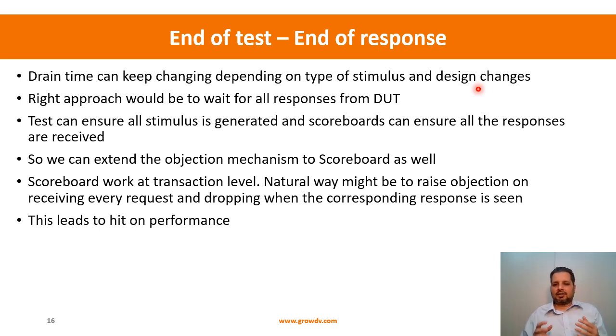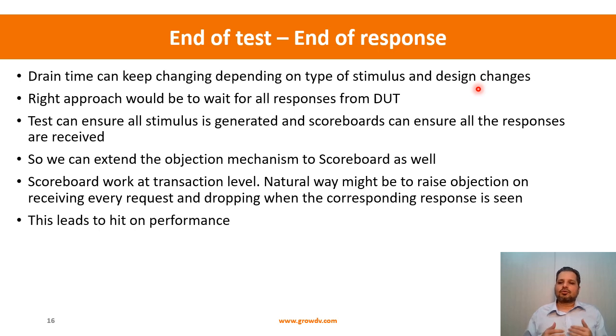The good thing about the scoreboard is it knows for any given request how many responses are expected, but the problem is that the scoreboard doesn't know how many requests are going to come, right? It's not generating the stimulus, so it can't just raise the objection once and drop it after all 100 request responses have been received, because it doesn't know how many requests you are going to send.